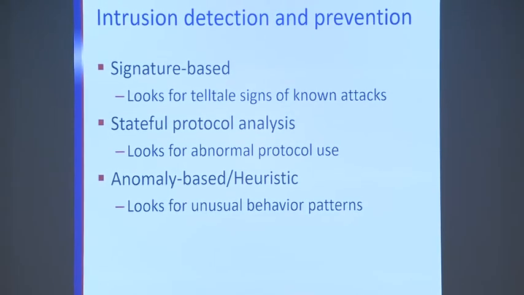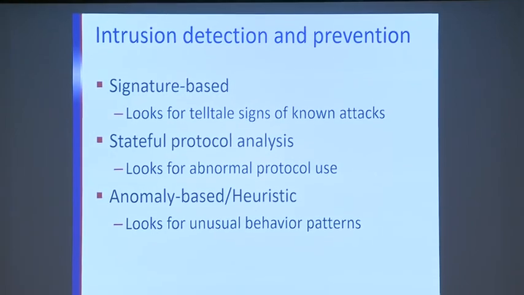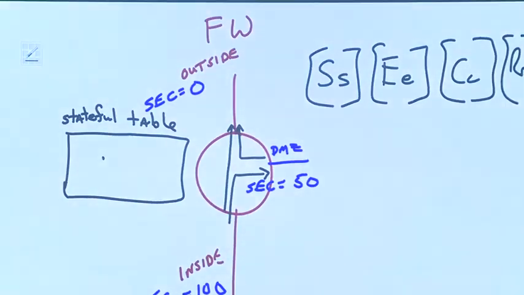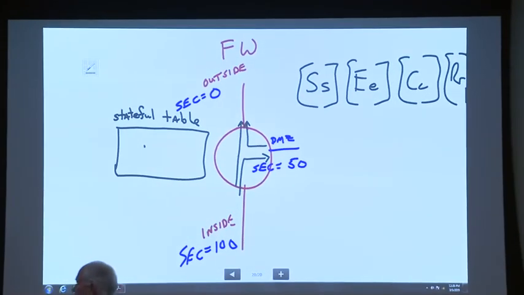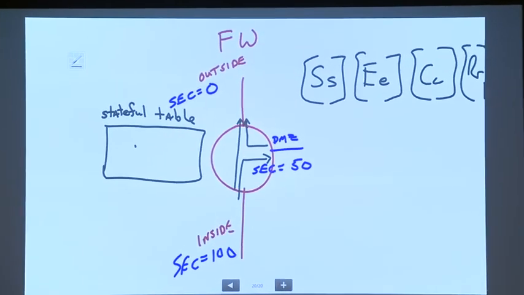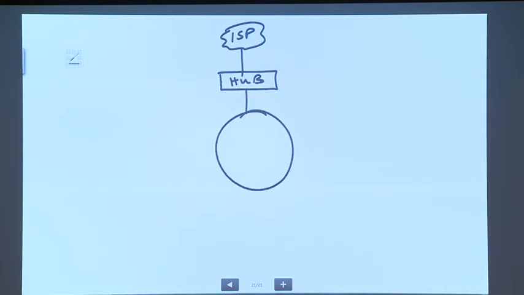Let's take a look at our intrusion detection systems. I've had the opportunity to teach the IDS and IPS classes for quite a few years. So if we take a look at the internet here, your ISP is sending traffic down to a hub and then down to either my firewall or my router.